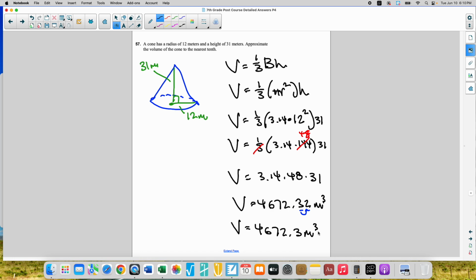Let's check. The answer key says 4,674.7. Maybe they used 22/7 for pi. They could have, but it doesn't tell me what to use as pi.